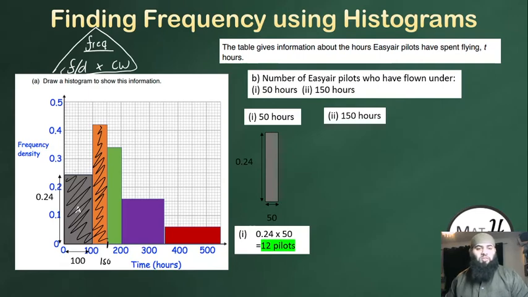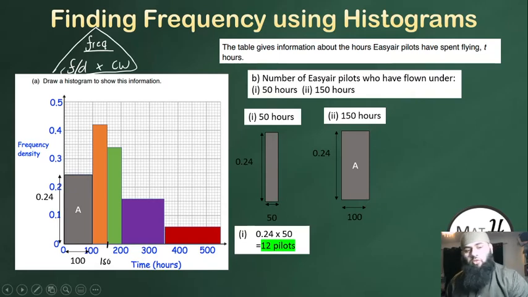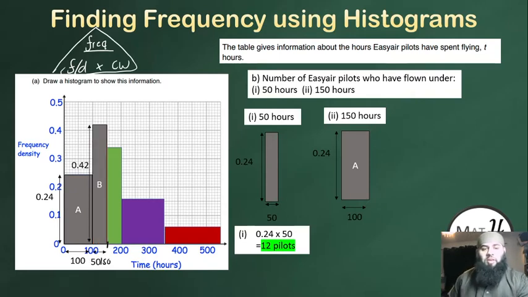So we're going to split these into two different bars. We can call this shape A and shape B, as you'll see. Shape A has a difference in hours of 100 and a frequency density of 0.24, and shape B has 50 in terms of the difference in hours and a height of 0.42 frequency density.